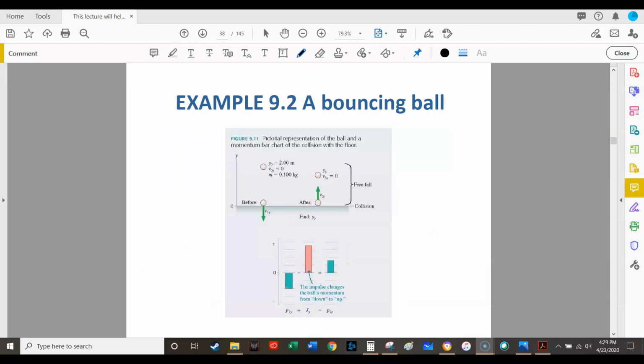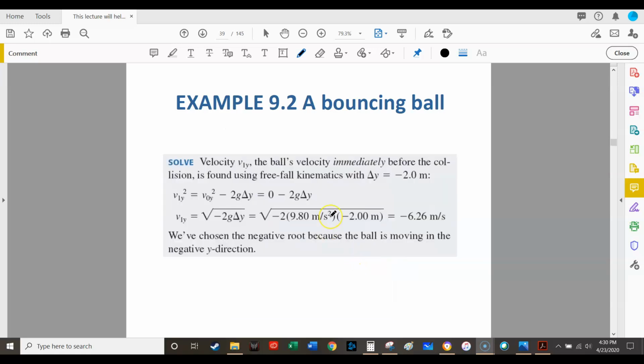So they're doing the same thing. They're mapping out the impulse. They gave different proportions of their momentums, but it's very similar to ours. And notice that they're now going ahead and getting the ball's velocity right before impact, right?